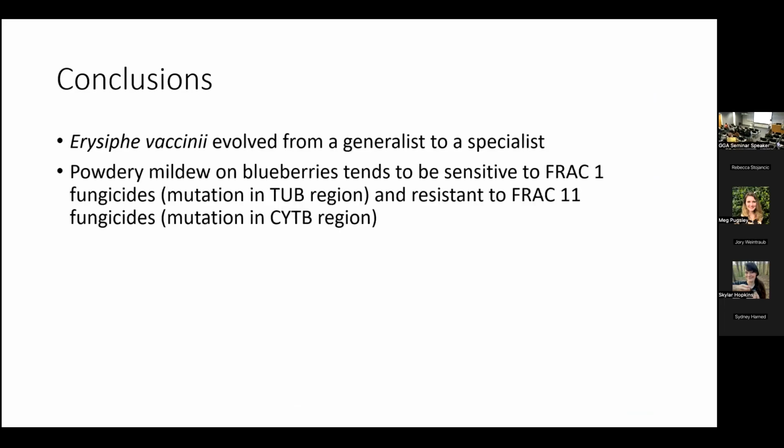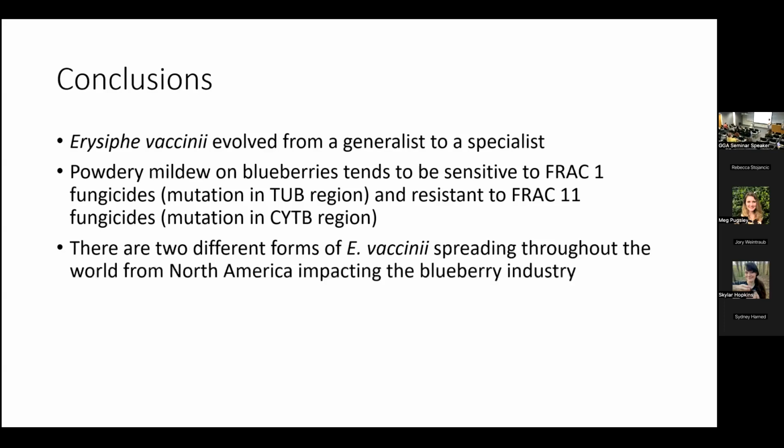I also didn't show this, but based on the single mutation in beta-tubulin in the site B region, we were able to see that it tends to be sensitive to FRAC1 fungicides and resistant to FRAC11 fungicides. And there are 2 different forms of Yersinia vaccinii spreading throughout the world from North America, impacting the blueberry industry.